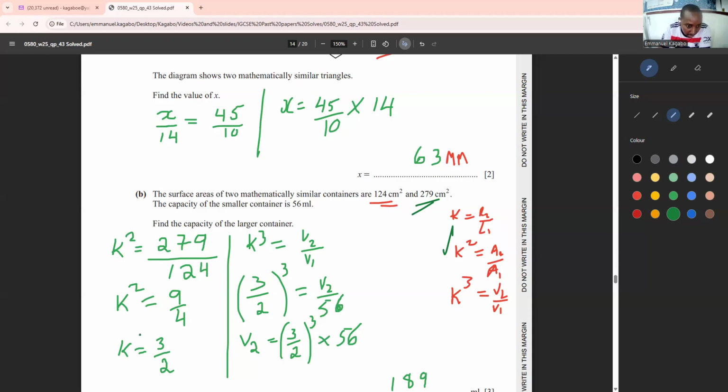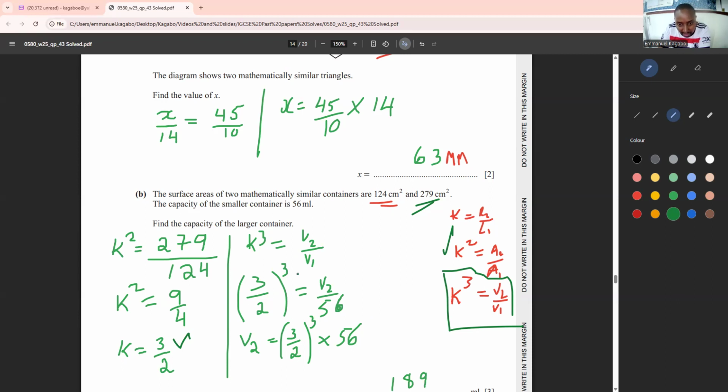Basically, if I have that, I do square root. That's the linear scale factor. And after getting the linear scale factor, I need to remember that volume is given by this. Okay? So that's why I did volume scale factor. Volume scale factor equals big volume over small volume. The linear scale factor is 3 over 2.